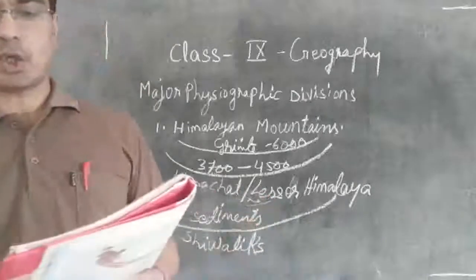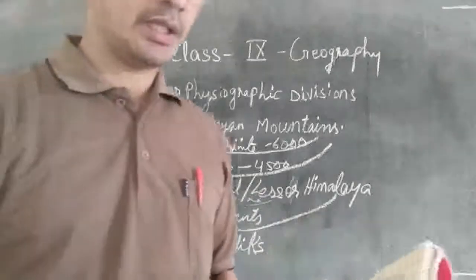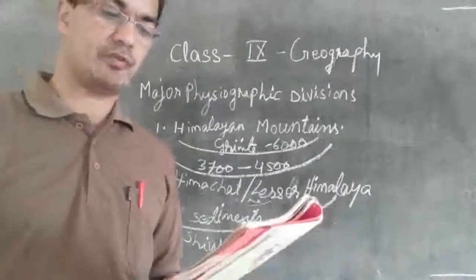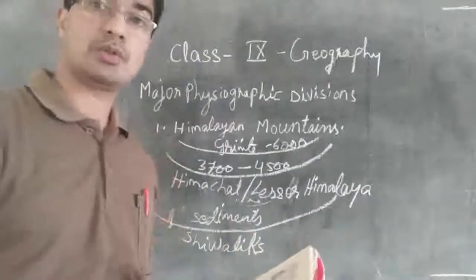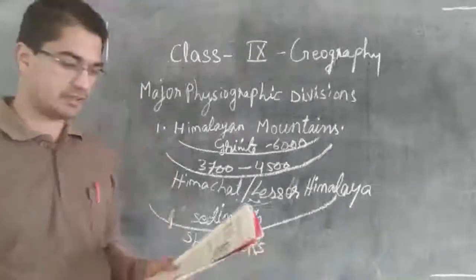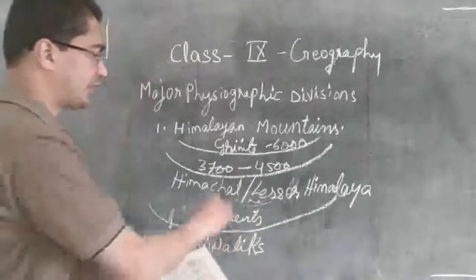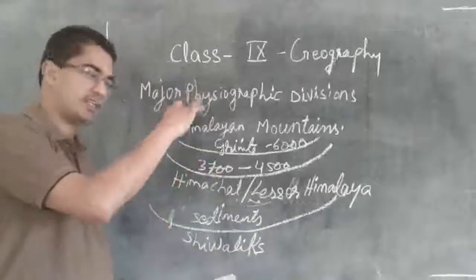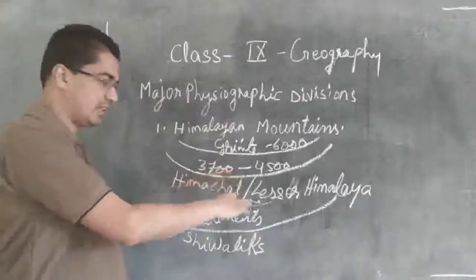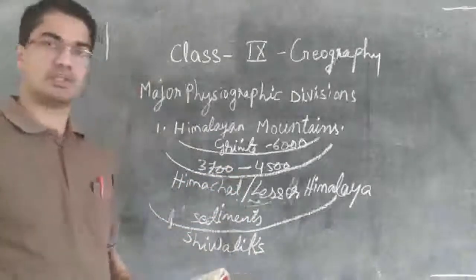And besides the longitudinal divisions, the Himalayas have been divided on the basis of regions from west to east. So we can also divide the Himalayas from west to east. So long we were dividing the Himalaya according to height. This is the highest, then it is in the middle, and then it is the lowest.